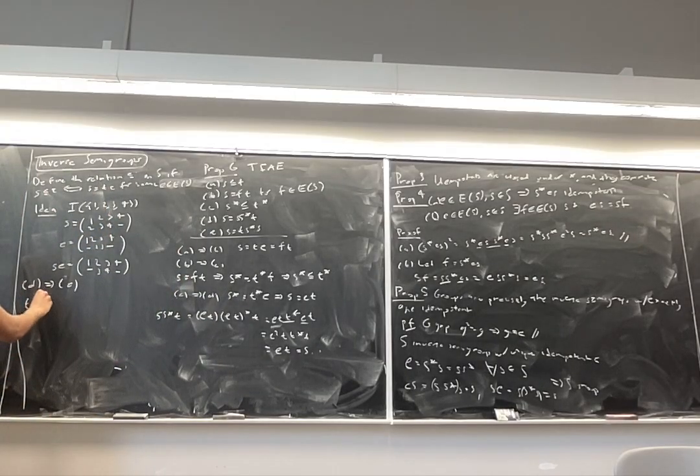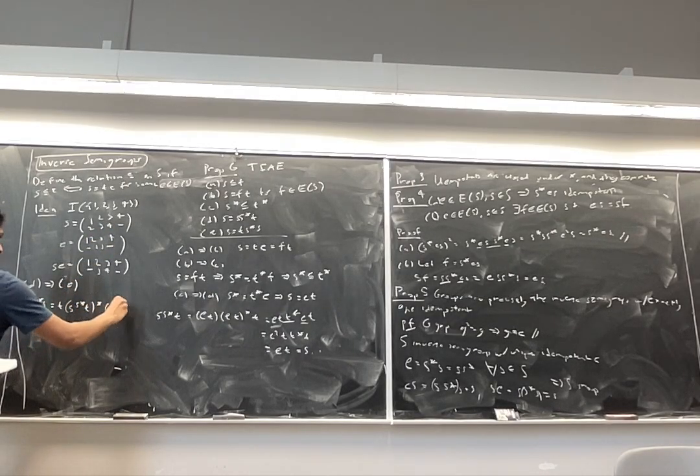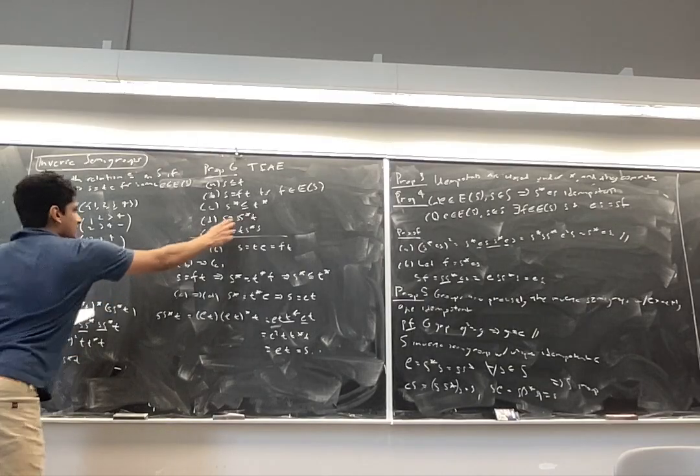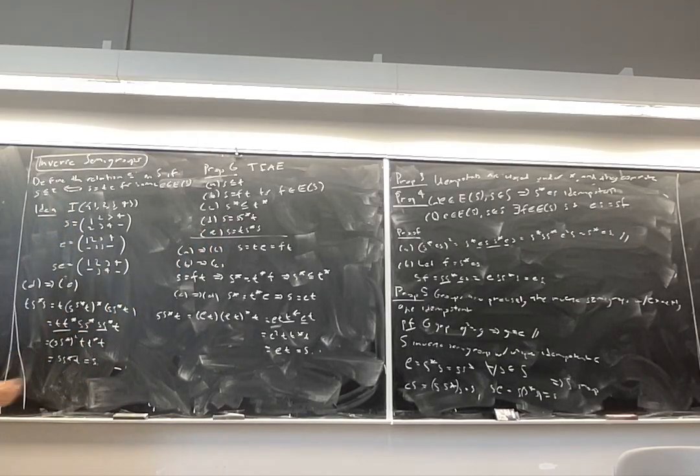T S star S is equal to T S star T star S star T. So that's T star S star S star T. Okay, we see these three idempotents. I'm going to move this idempotent to the end. So SS star squared T star T, which is SS star T. Well, we know SS star T is just S. Great. And then I have just one more step.